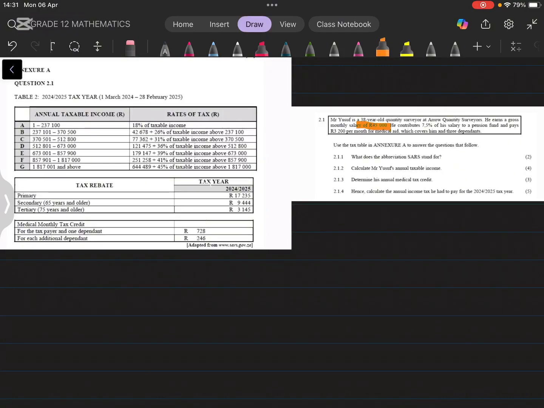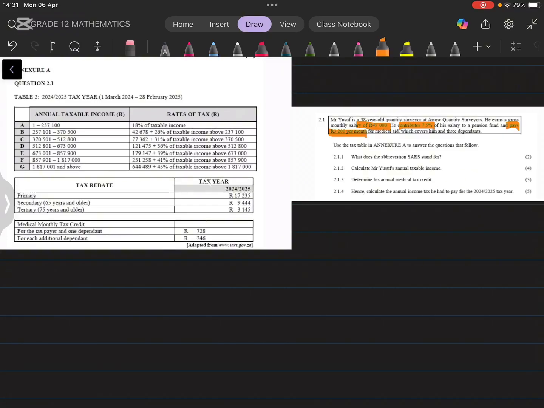And then he contributes 7.5% of his salary towards his pension fund, and then he pays 3,500 for medical aid. Remember, he pays 3,200 per month for medical aid.